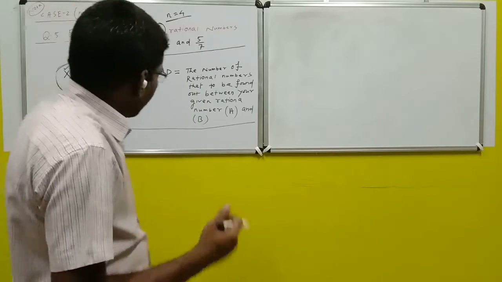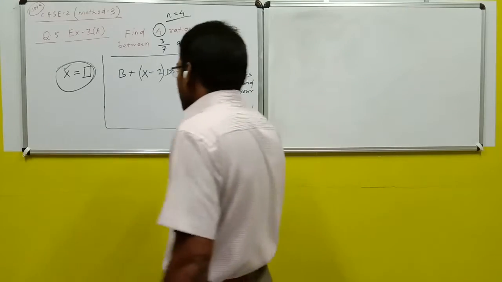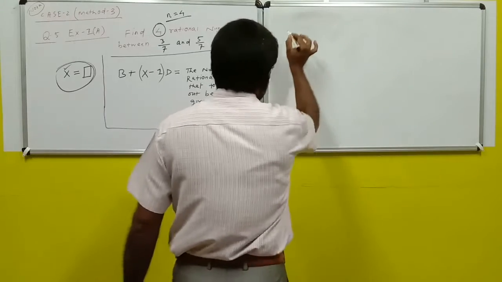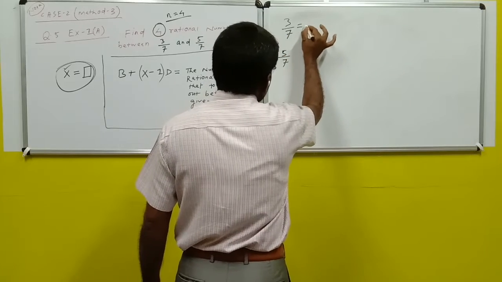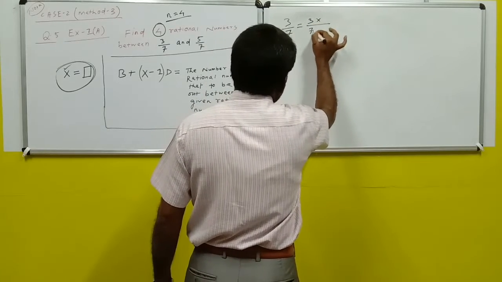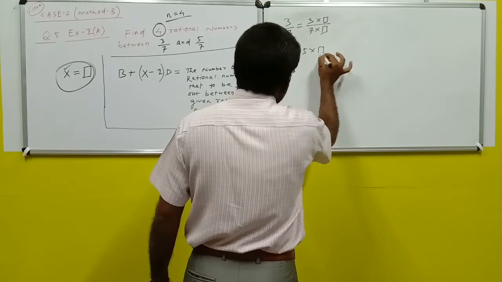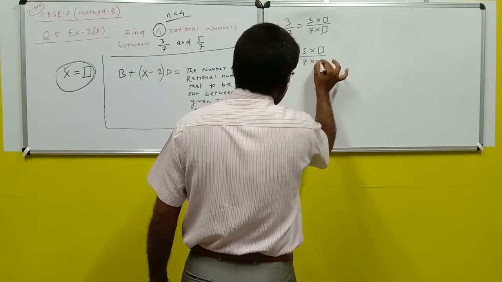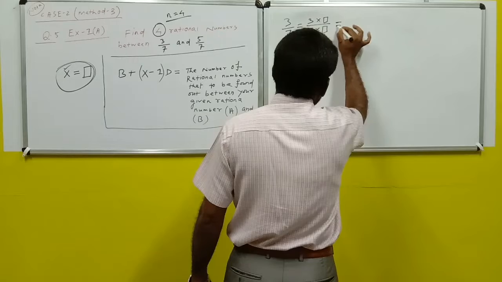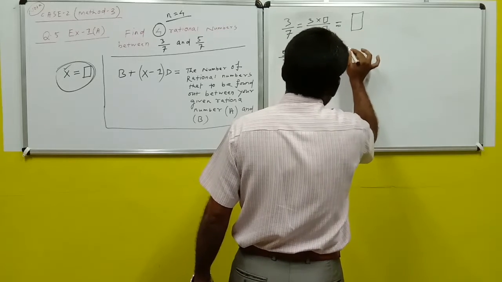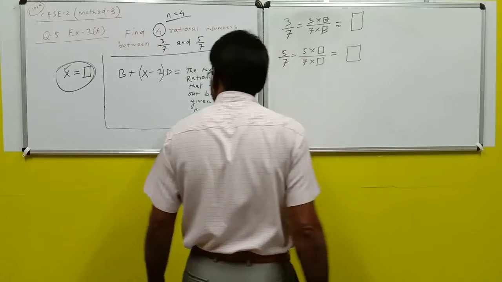Already I have told you that the suitable number that is to be multiplied by the numerator and denominator of each rational number, in order to find their respective equivalent rational number, that suitable number has been considered as x.